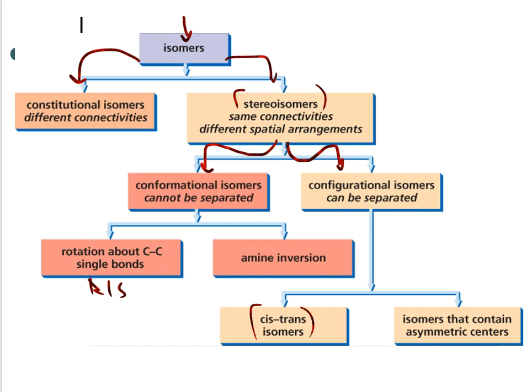It also talks about amine inversion. Don't really look at this. This is nothing for us right now, so I'm going to cross it out. But if you need a nice flow chart to kind of just put in perspective what we're talking about here, there you go. Under stereoisomers, under the conformational isomers, under the R and S, this is where we get the word enantiomers.